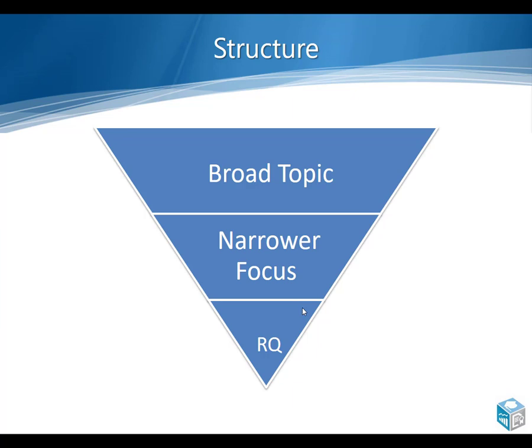Now, just to give you an example of that structure gone badly wrong, one of the very first things I learned as a postgrad student was how not to write a lit review. My master's thesis was on the friendships of children with attention deficit hyperactivity disorder. And I remember sending through what I thought was the final draft of my lit review to my supervisor.